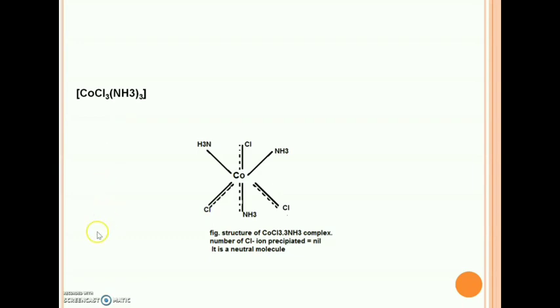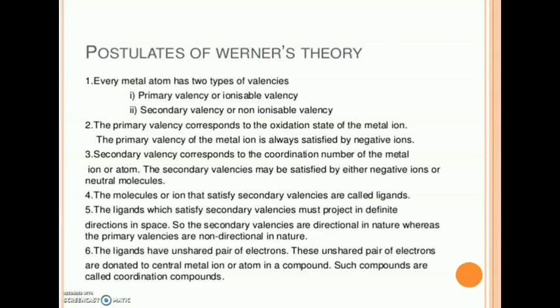Let us conclude this. Once more, I will tell you all the postulates of Werner's theory, and let us understand very clearly. Every metal atom has two types of valency: primary valency and secondary valency.